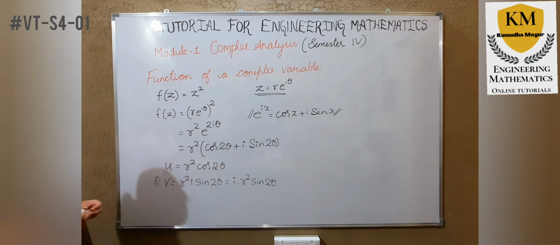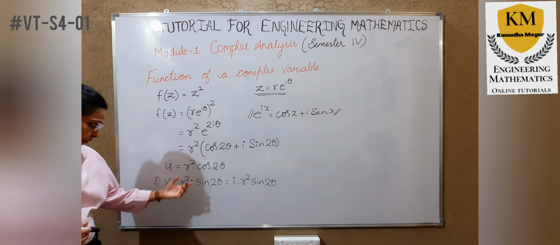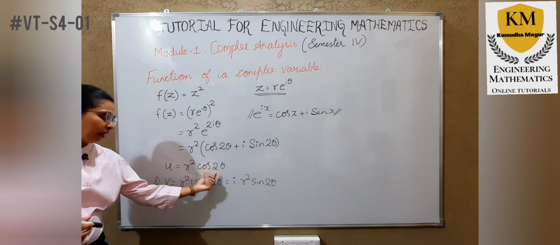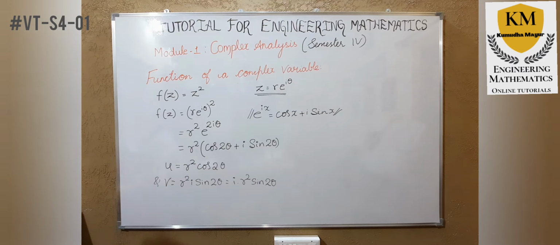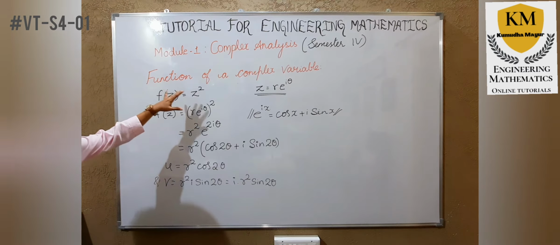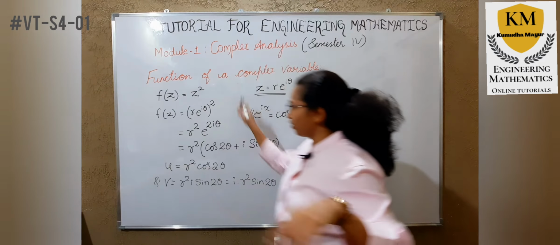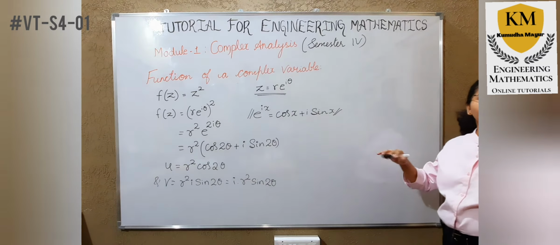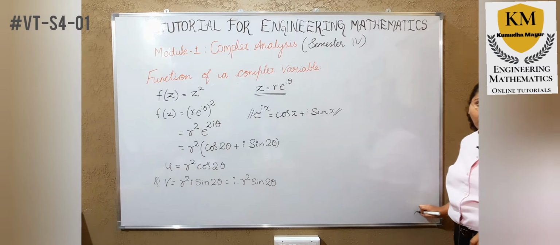As we already know, this is the real part and this is the imaginary part of this. So I think you understood how we are going to consider a function of a complex variable, and I have explained this example in both Cartesian and polar form.